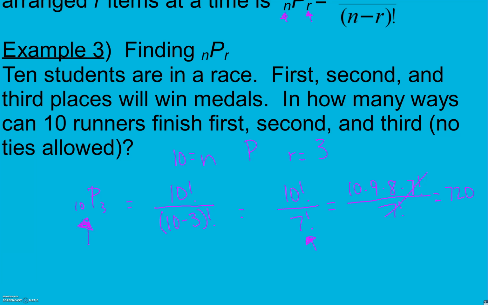If you press 10, your PRB key, and it should already highlight nPr, click on that, then press 3, it gives you 720 as well. So if we do 10, PRB key, enter, 3, enter, it gives us 720 as well. So a few different ways we can do those.